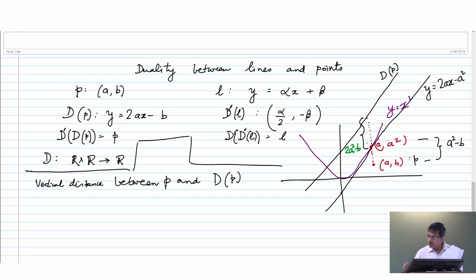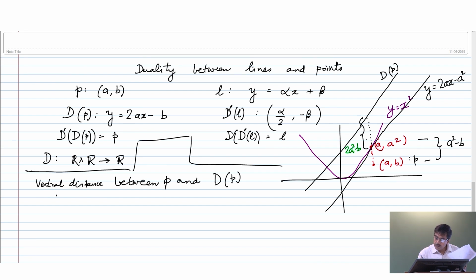Now, let me show some more properties, and let us look at the vertical distance.